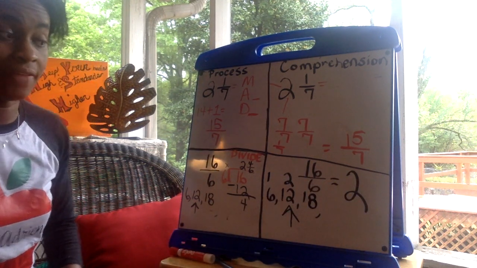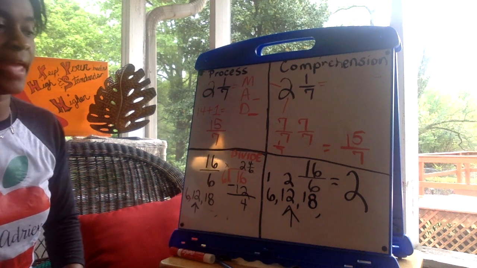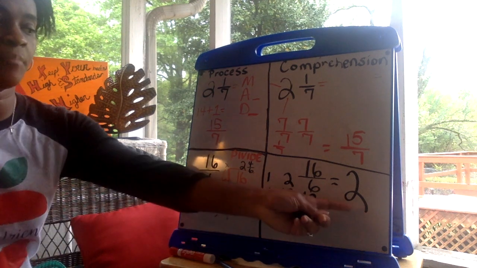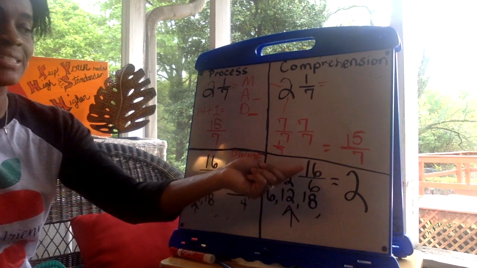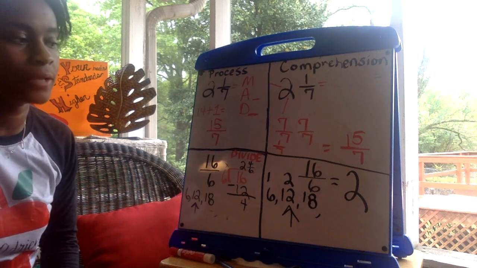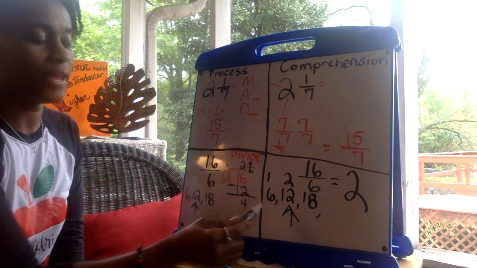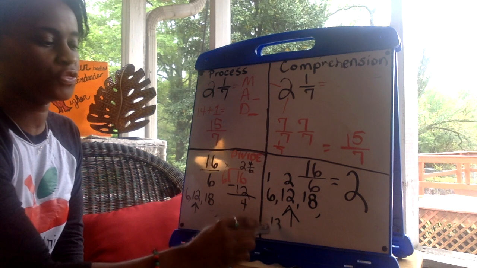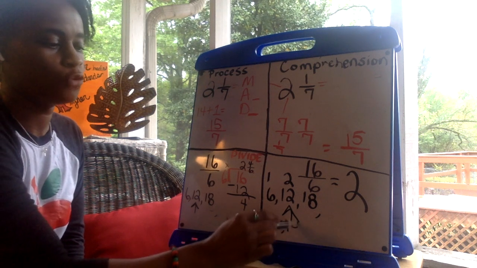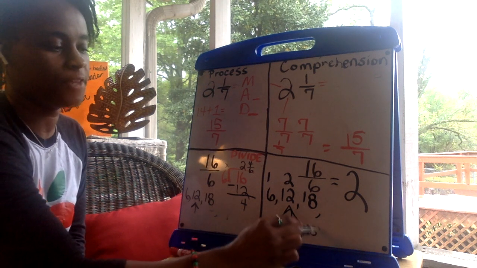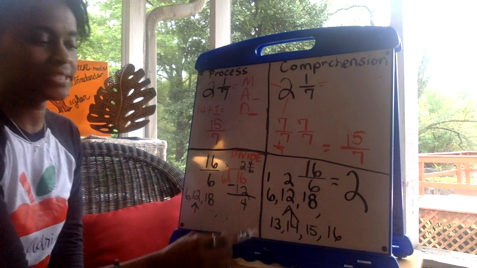And now I have my 2 wholes, but I'm still trying to make it to 16. Now I can say 13, 14, 15, 16.